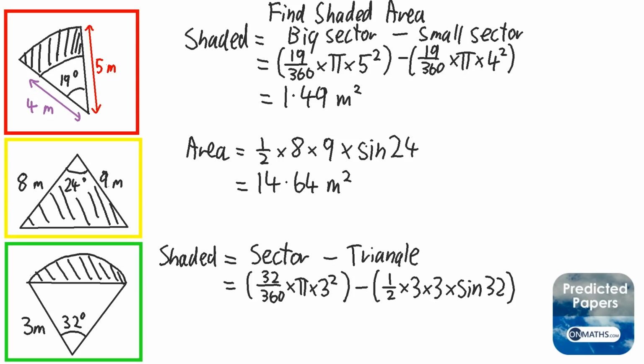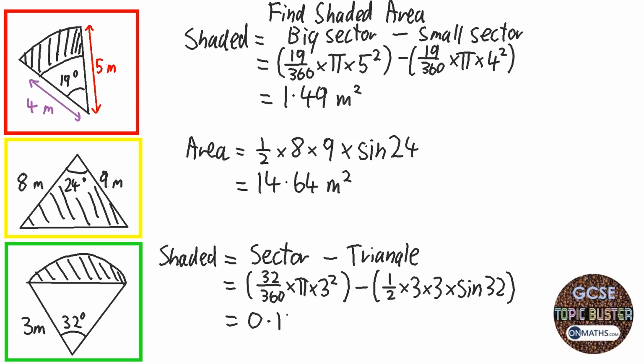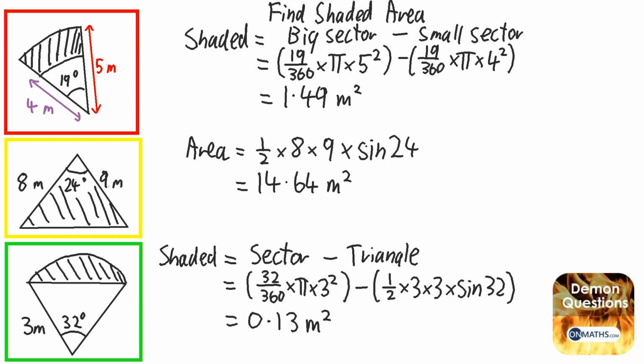It does all look good, and I don't recommend you do it all in one calculation, because if you make a mistake, you end up getting completely the wrong answer and the examiner can't give you any marks. So try and work out these things separately, but I've saved a little bit of time doing it this way. Okay, and I get 0.1286 blah blah blah, which rounded to 2 decimal places is 0.13 meters squared.